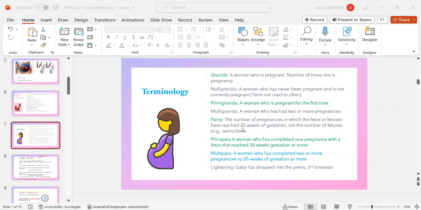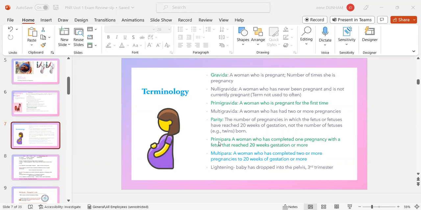Twins are still considered one pregnancy, but where you pick up on it is under living. When you do the L portion of it, that's where you would put it. Say she has a gravida and she had twins, you put it under the L. That's where you give the credit.